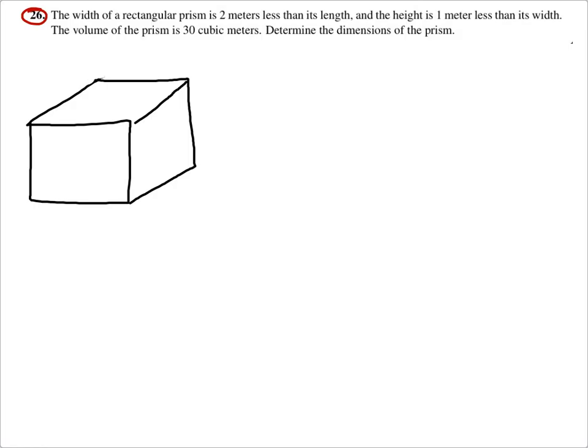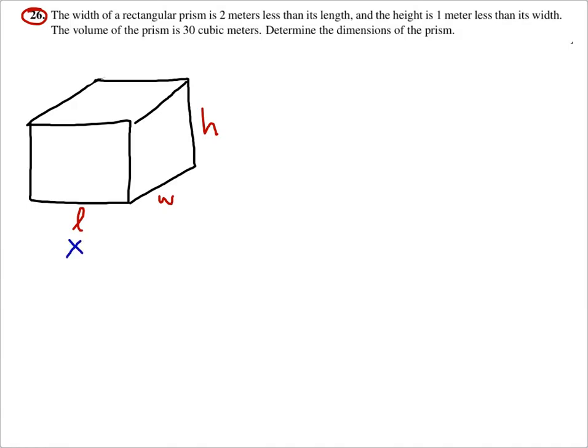Okay, it's got a length, a width, and a height. And it tells us that the width is 2 meters less than the length. So it appears that we're meant to start with the length as our basis.